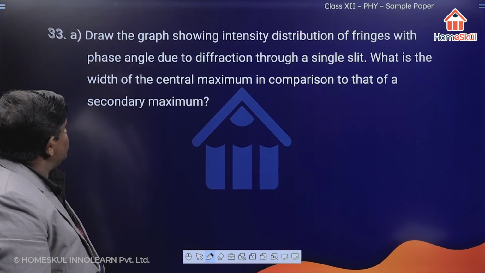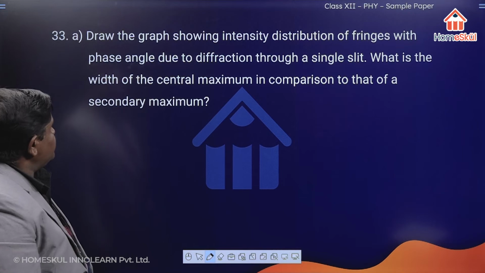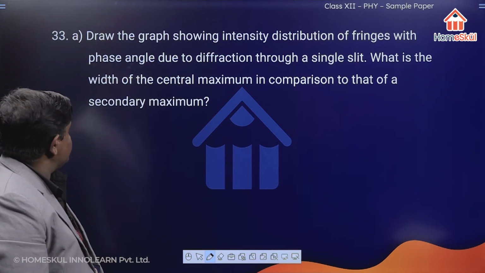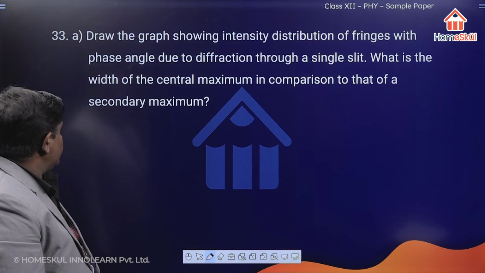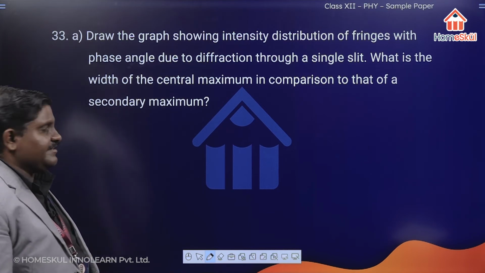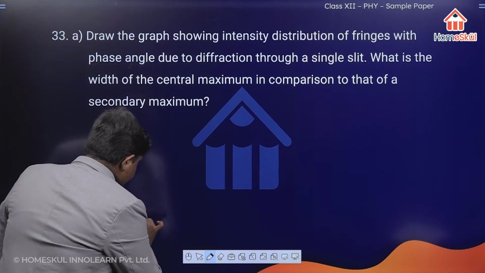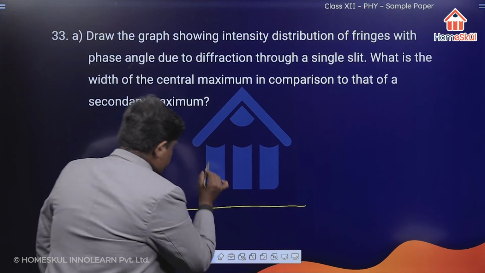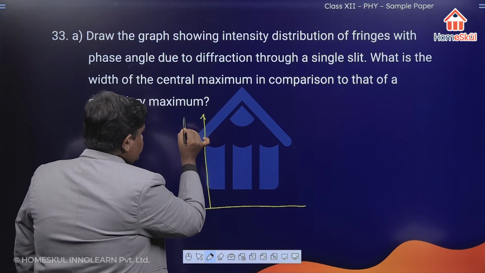Now, next one, question number 33. Draw the graph showing intensity distribution of fringes with phase angle due to the diffraction through a single slit. What is the width of central maximum in comparison to that of a secondary maximum? First of all, we have to draw the graph for intensity distribution.